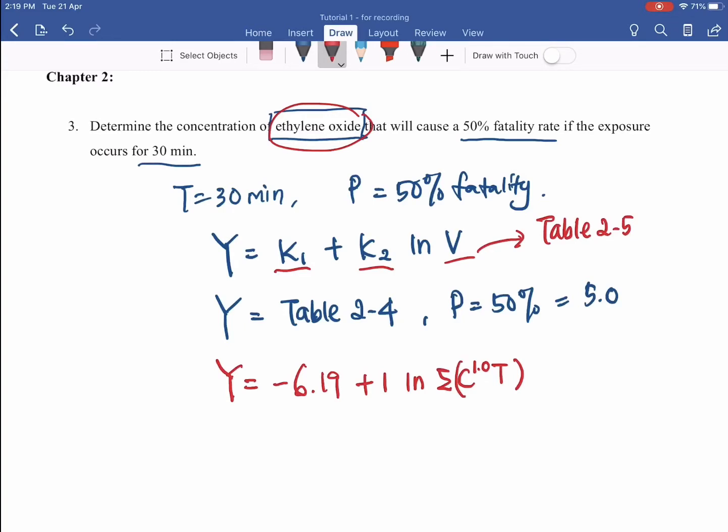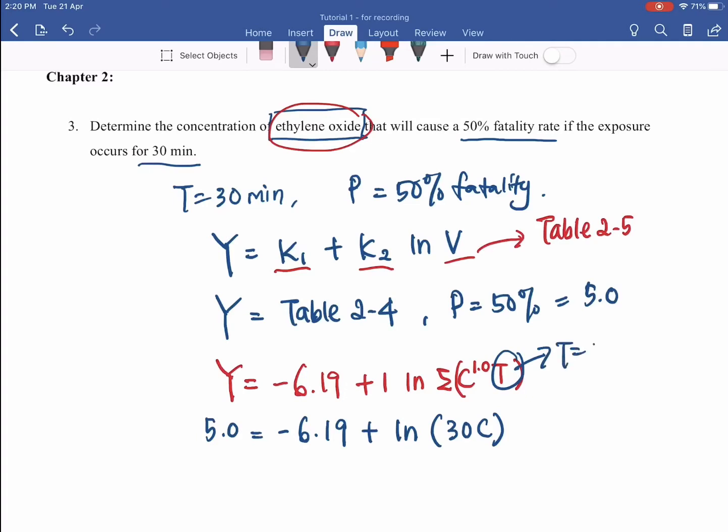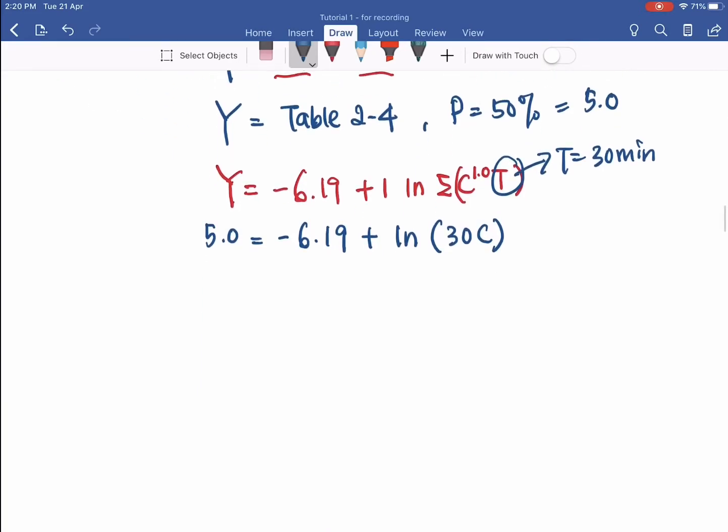So in this case, we have 5.0 equals negative 6.19 plus ln of 30C, since T is already given as 30 minutes. When we rearrange this formula, we get ln 30C equals 5.0 plus 6.19, which is 11.19.